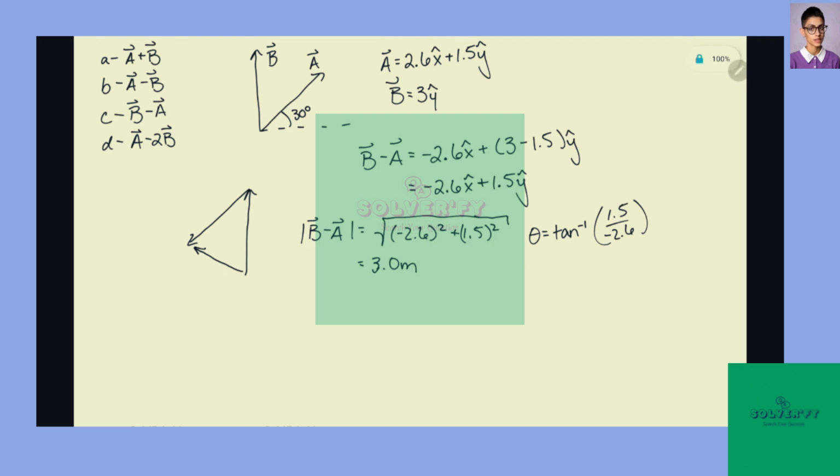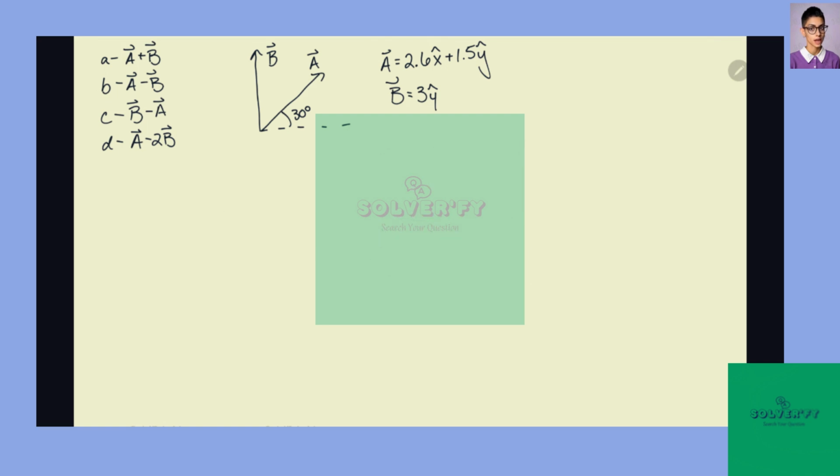So if you get negative 30, again, what you want to do is add 180 to that in order to make sure that it's in the correct quadrant, and you'll get 150 degrees. All right. Now we're going to move on to part D.